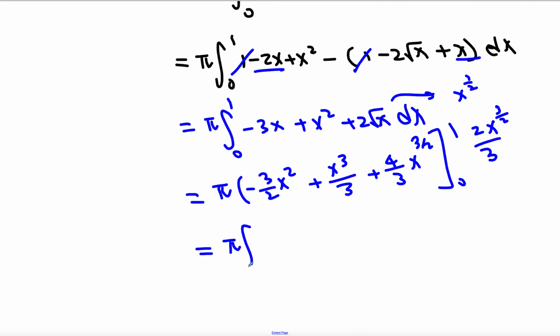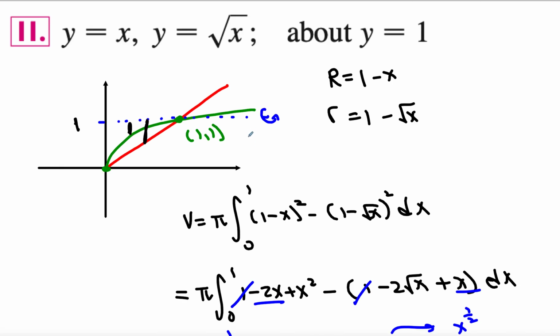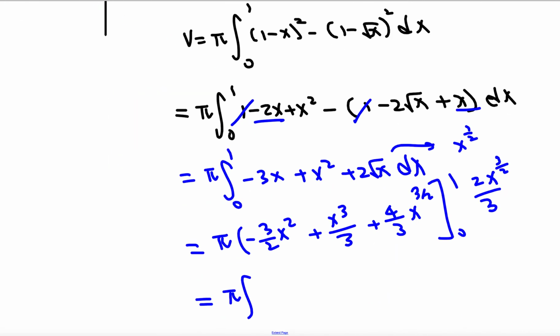So pi times negative 3 over 2 plus 1/3 plus 4/3.